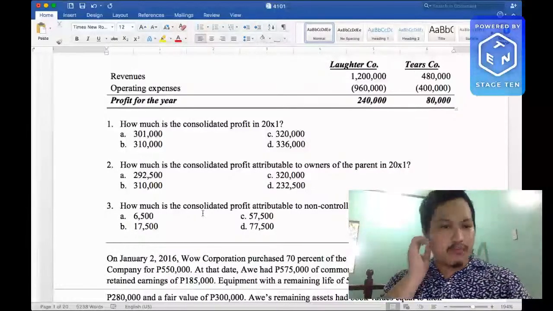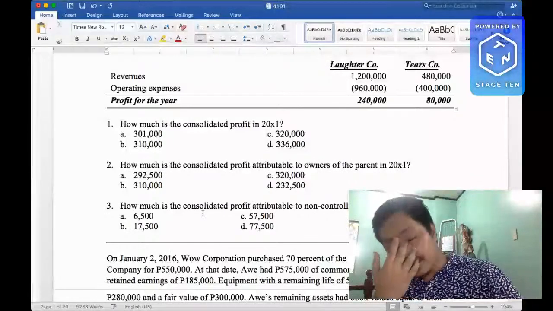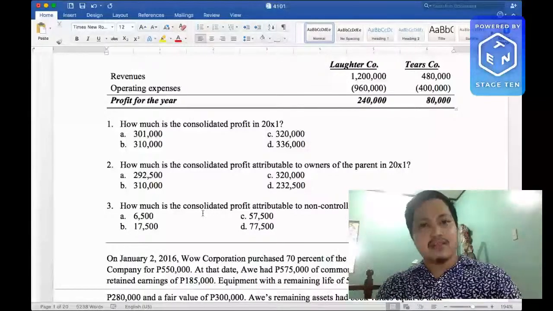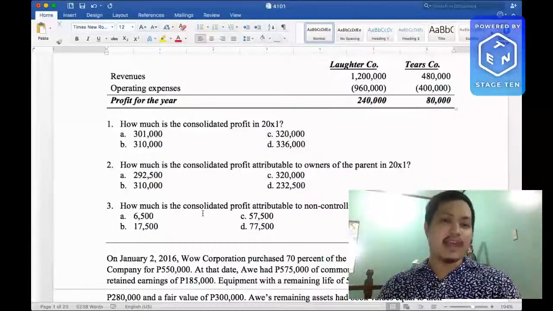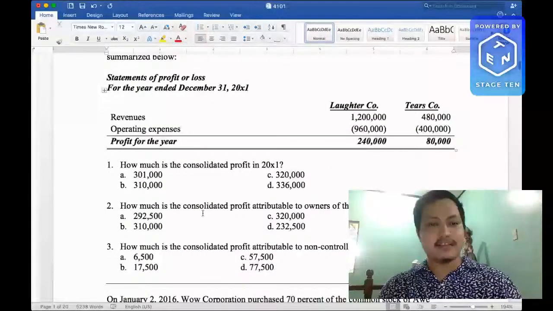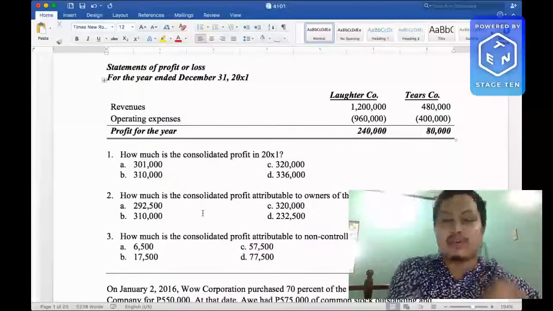So a common error among students, class. They already computed the 310,000 correctly. And how do they get the income attributable to the parent? They will just multiply 310 with 75%. They will simply remove 25% of the 310,000. And why is that wrong?